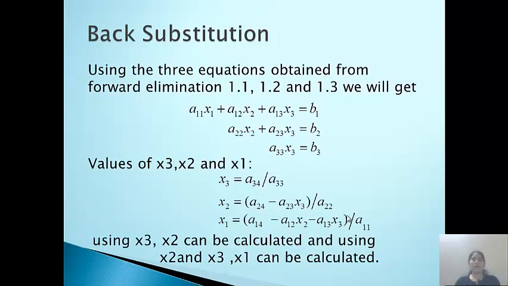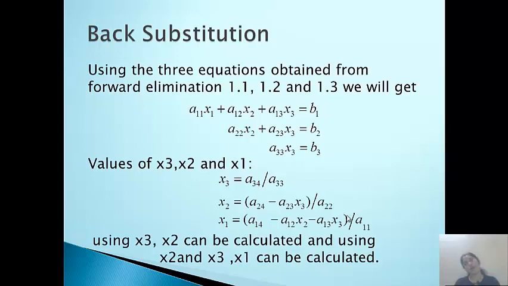Now let's check back substitution with the three equations which we have got using forward elimination of n equations. These are the three equations 1.1, 1.2 and 1.3. These are the equations: a11x1 plus a12x2 plus a13x3 equal to b1, the second equation is a22x2 plus a23x3 equal to b2, and the third equation is a33x3 equal to b3.